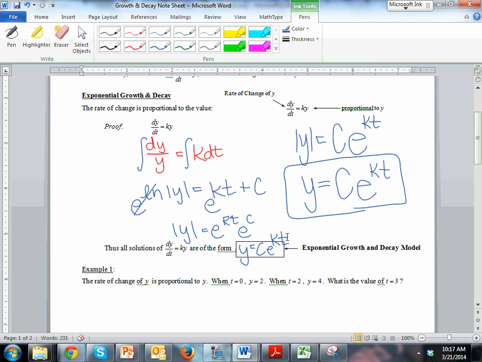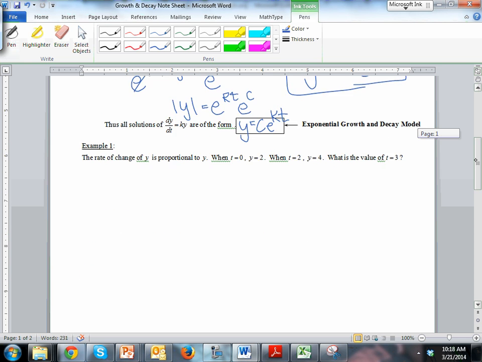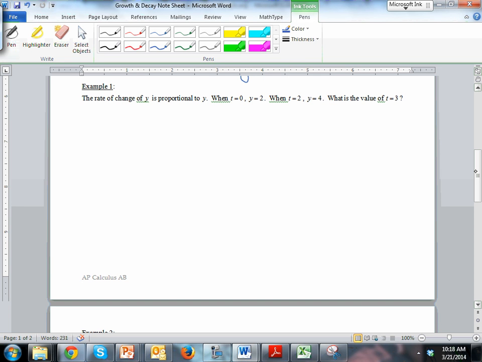Okay? Most of these problems are going to be algebra based instead of calculus based because we just did the work for the calculus right here. All right? So, here we go. Example number 1. The rate of change of y is proportional to y. Okay?